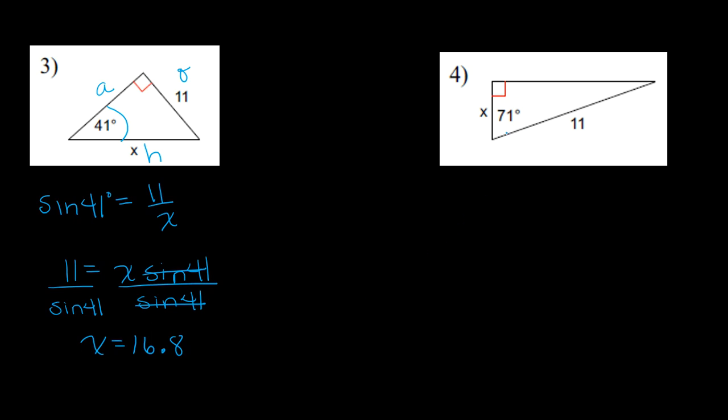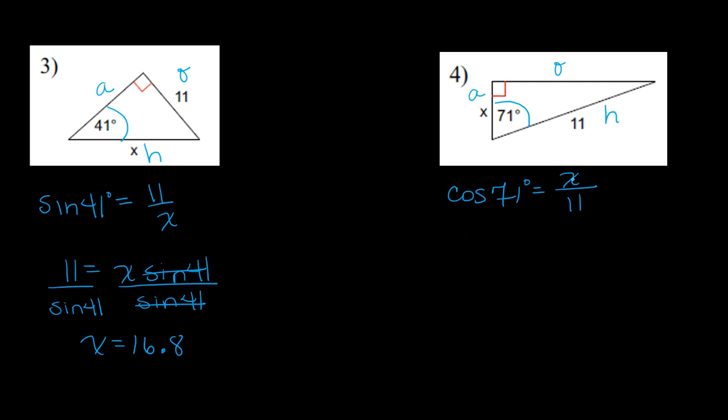Number 4, our reference angle is 71. So we know the hypotenuse, we don't know the opposite, and then we're looking for the adjacent. So we're going to be using adjacent and hypotenuse, so that is cosine. So the cosine of 71 is equal to the adjacent length divided by the hypotenuse.